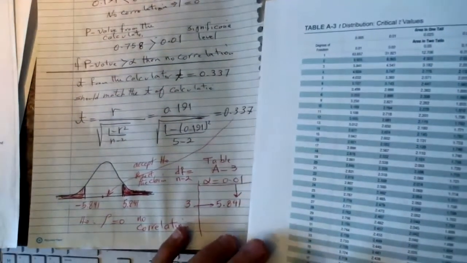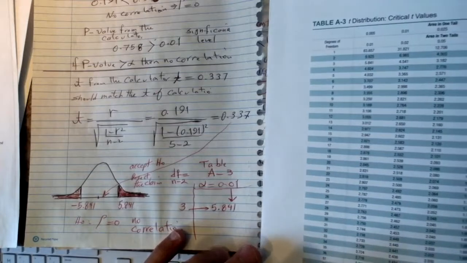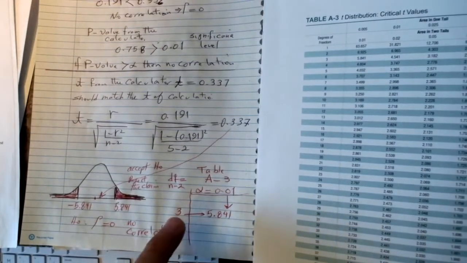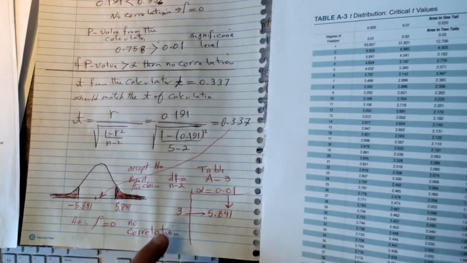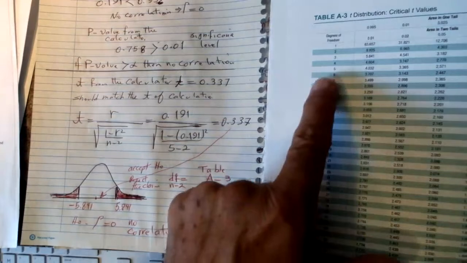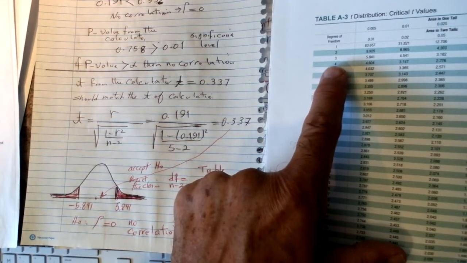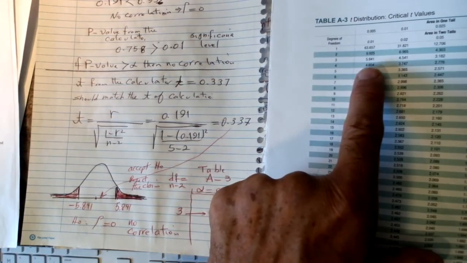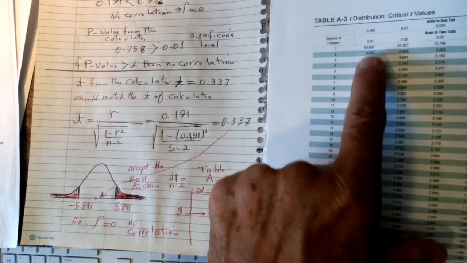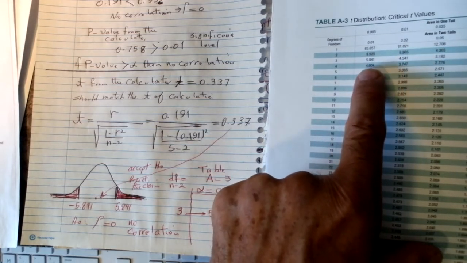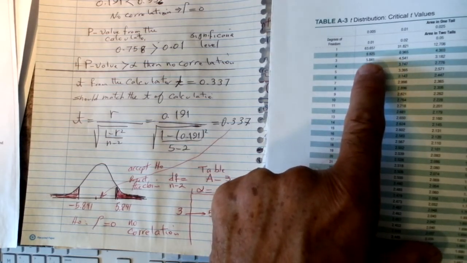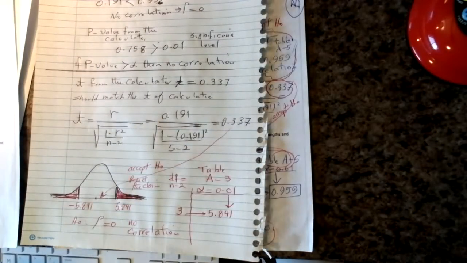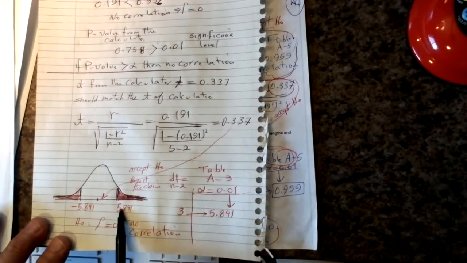So you go to this table, T distributions, and DF is 3. You find the 3 here. And area in 2 tails is 0.01. See? Because we have 2 tails. It's 5.841. That's the number that you have on the graph, positive and negative.